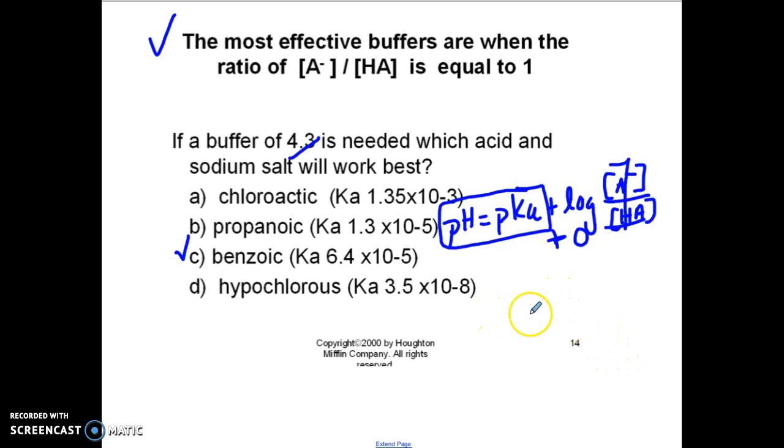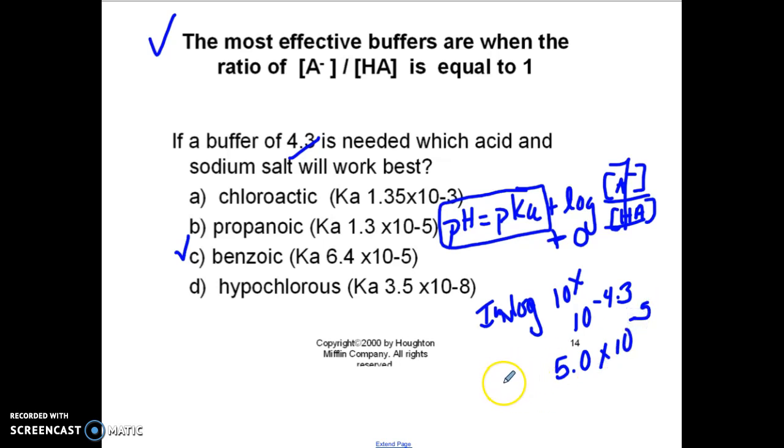So if I were to take the inverse log, or 10 to the x, however you want to think about it, of the pH, so 10 to the negative 4.3, that ends up giving me 5.0 times 10 to the negative 5.